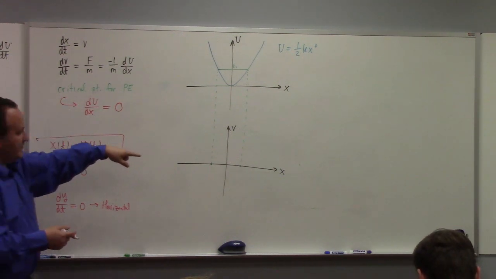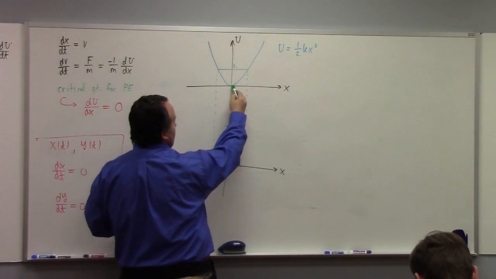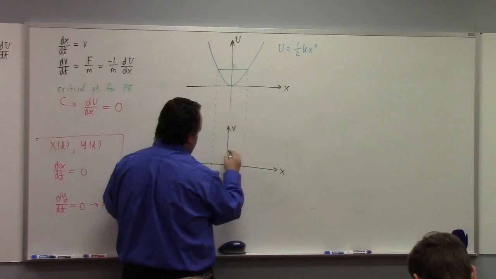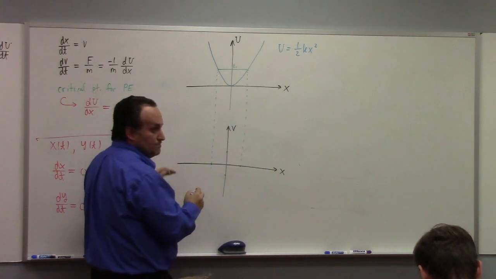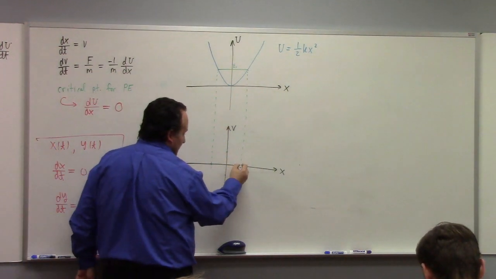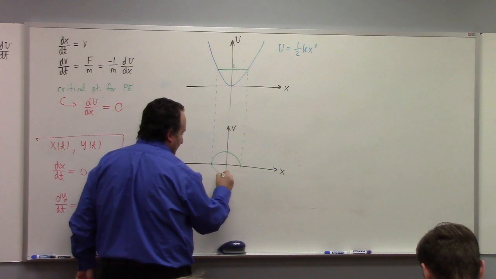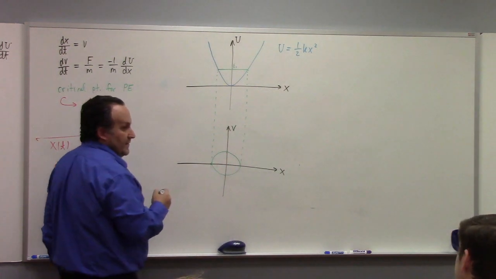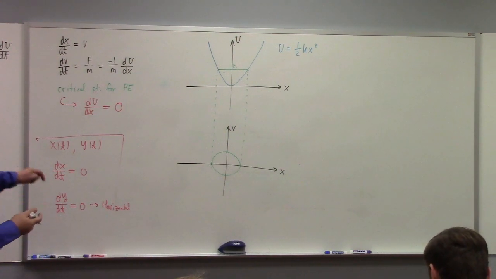Where do you have a 0 here, right? So critical point there. So that goes something like this. These pictures are heuristic, all right? I didn't even tell you what the mass was. It doesn't really matter. So the picture here looks something like this. And you can put little arrows in. How do you do that? Well, check it out.